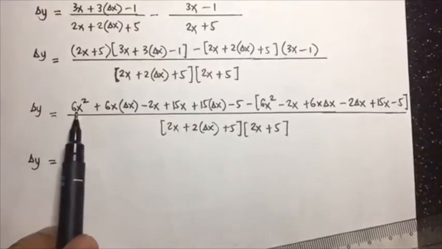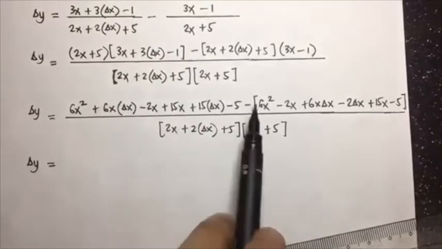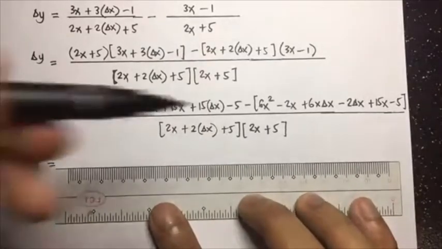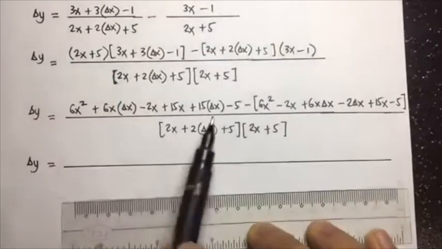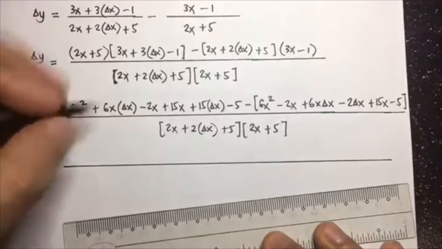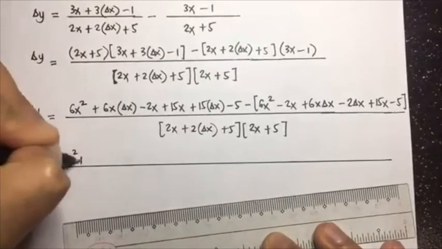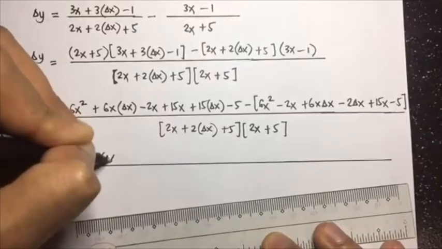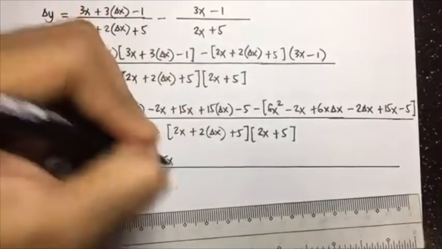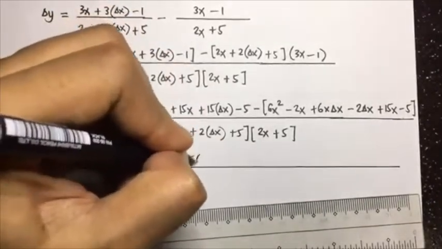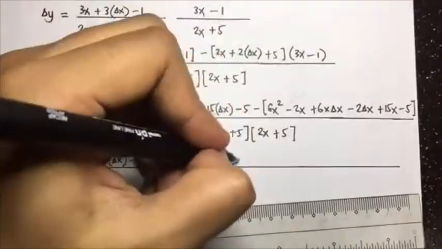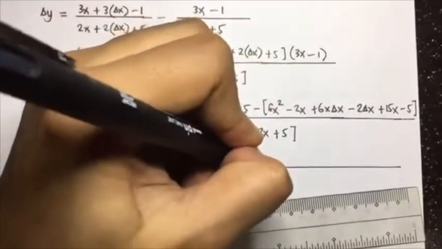So we have 6x squared. Now we can first remove the grouping sign. In removing the grouping sign, since we have a negative sign outside, we should distribute the negative sign on each of the terms. So rewriting this, we have 6x squared plus 6x delta x minus 2x, again plus 15x plus 15 delta x minus 5. Removing the grouping sign, we have minus 6x squared.